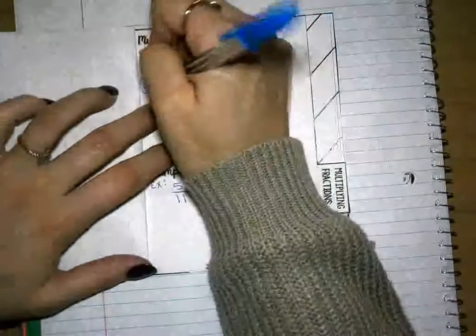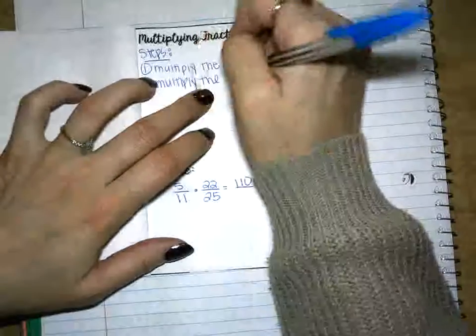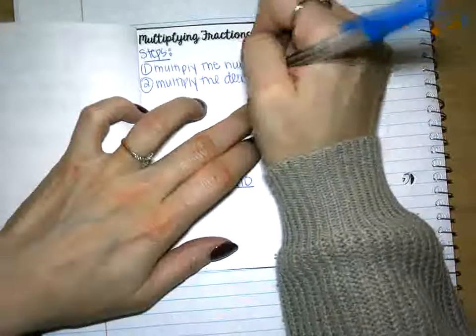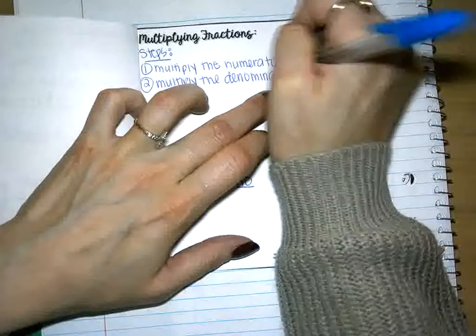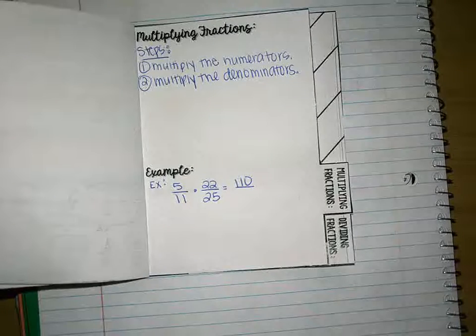Step 2, multiply your denominators. What are my denominator numbers, everyone? 11 and 25. Good. So everyone please do 11 times 25 for me.